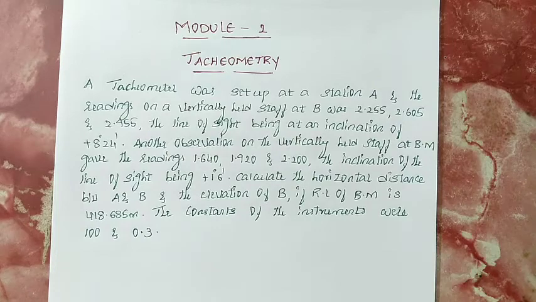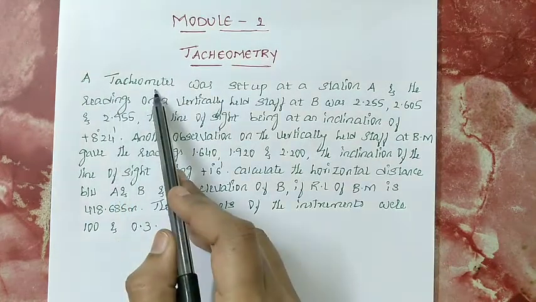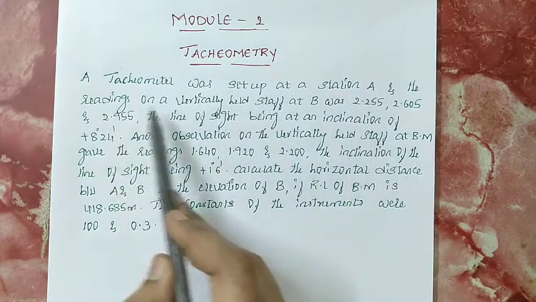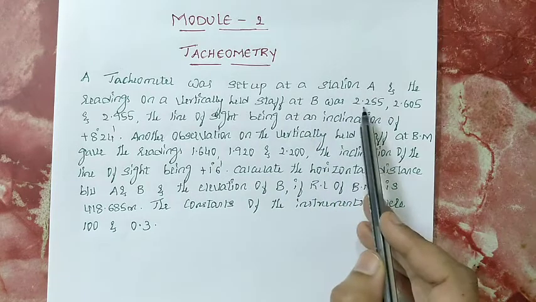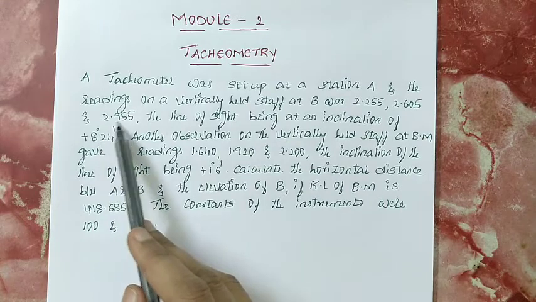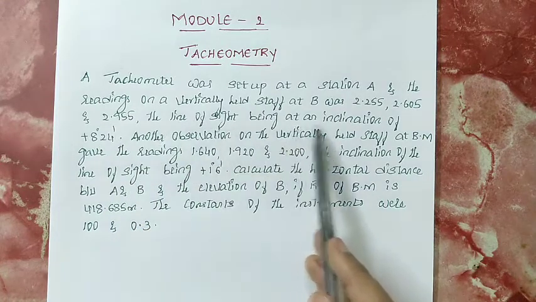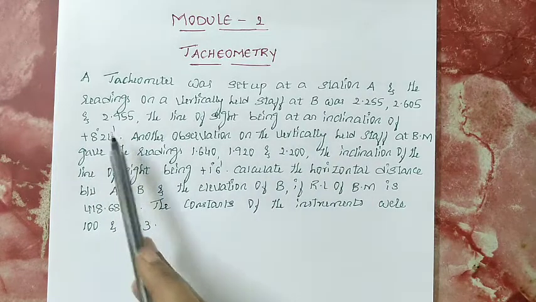We'll discuss Module 2, that is tachyometry. A tachyometer was set up at a station A and the readings on a vertically held staff at B were 2.255, 2.605 and 2.955 meter. The line of sight being at an inclination of plus 8 degree 24 minutes.